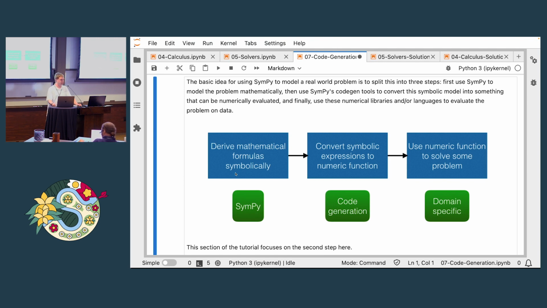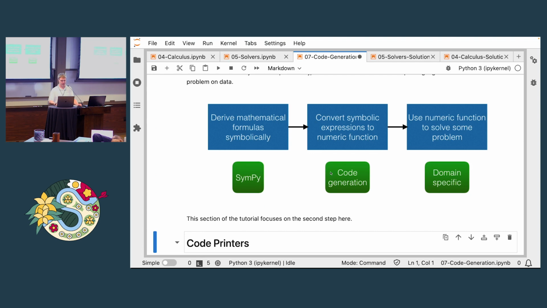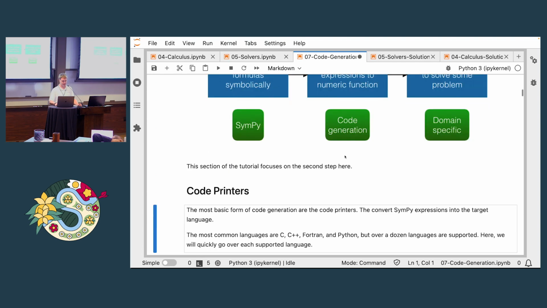First you use SymPy to derive formulas symbolically and model your problem using symbolic mathematics. Then you use code generation capabilities to convert SymPy into some numerical function, and then you use that numerical function to actually solve your problem with your data. This section is going over the second step.